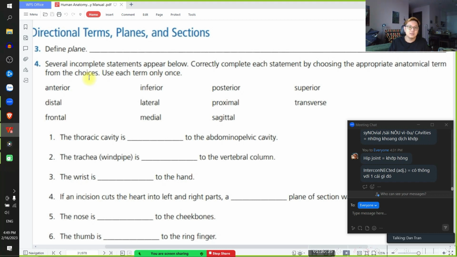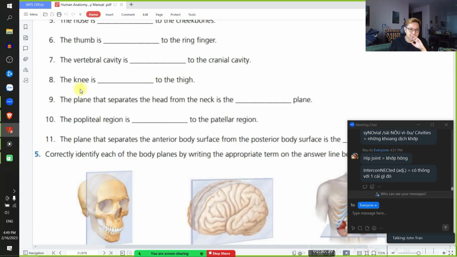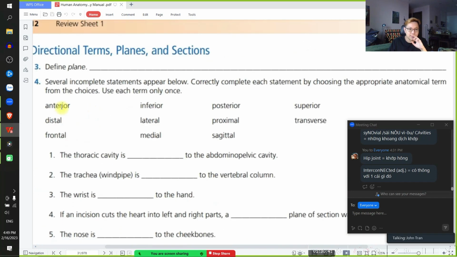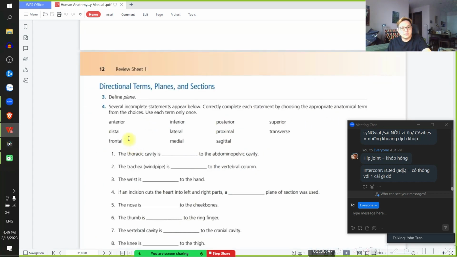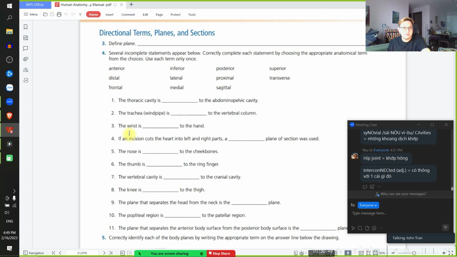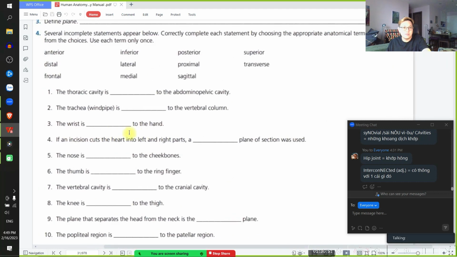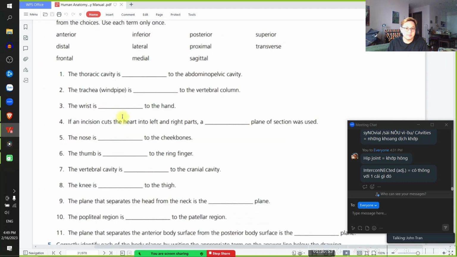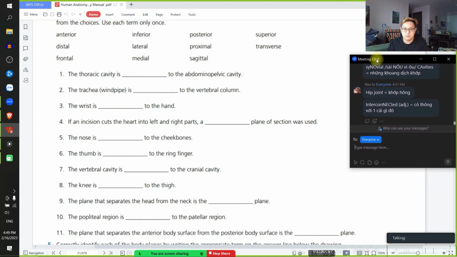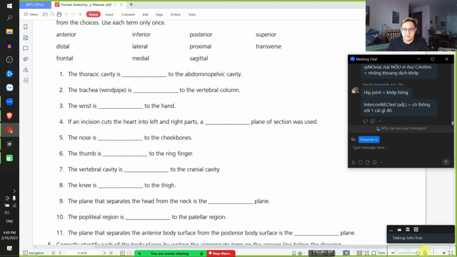Transverse. Okay, so you have to fill in these 11 statements with these anatomical terms. I'll give you some time, like 3 minutes. Okay, let's try it.